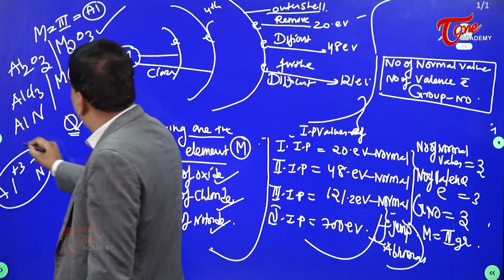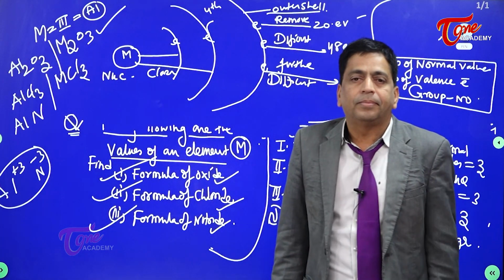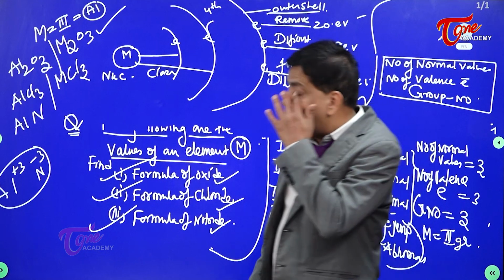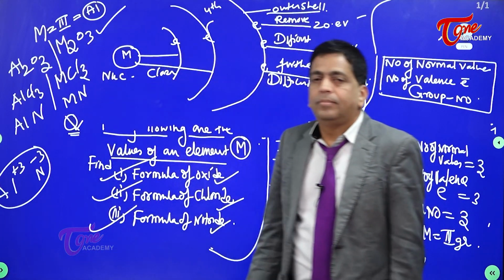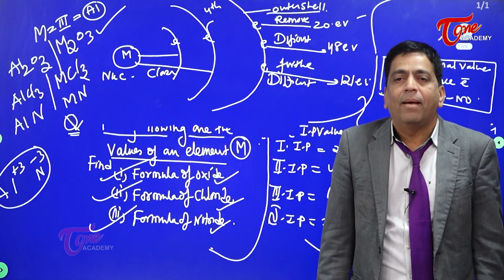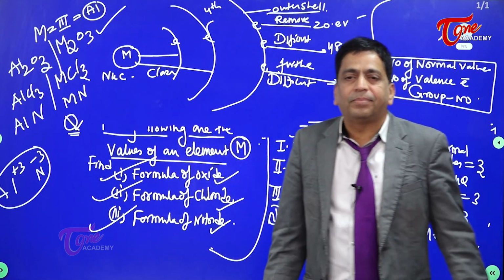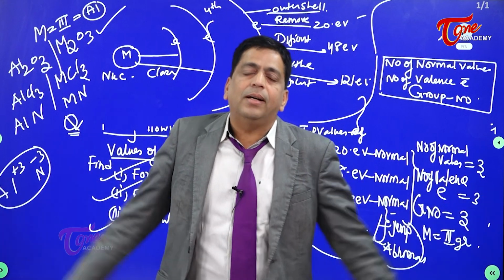This is the combination. So in general, it should be MN. I got the answer.